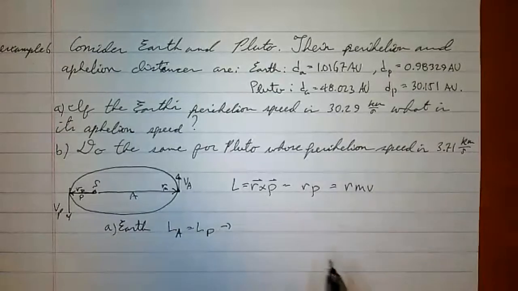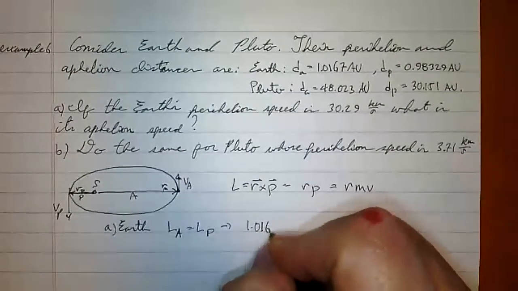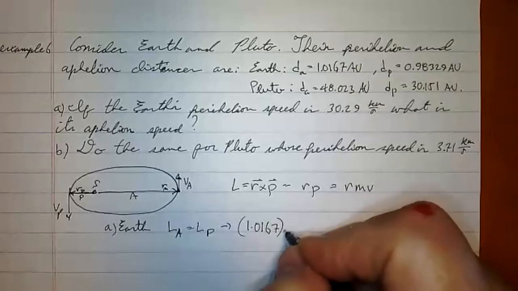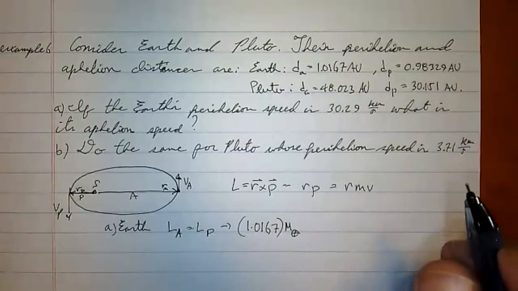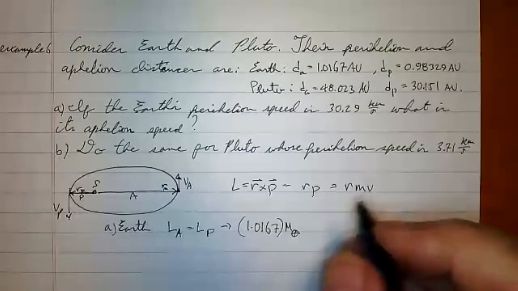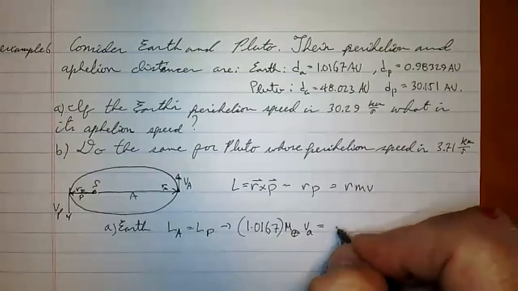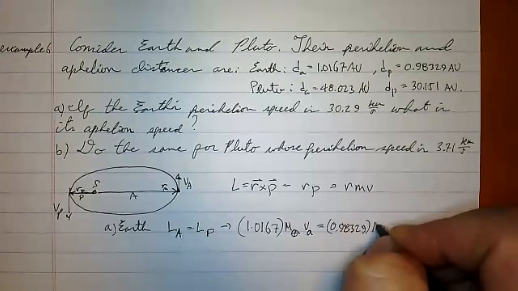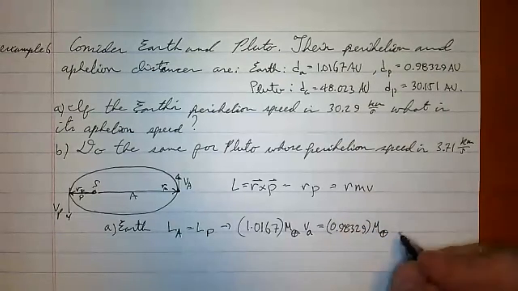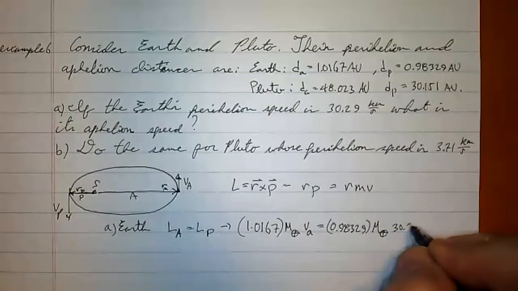So I'm going to say the aphelion distance is 1.0167 times the mass of the Earth, which we indicate with a plus symbol in a circle, times the aphelion velocity, which we don't know. Well, that's equal to, in the other case, 0.98329 times the mass of the Earth times the perihelion velocity, which is 30.29 kilometers per second.